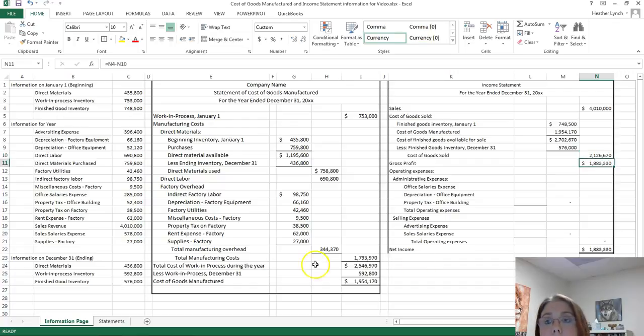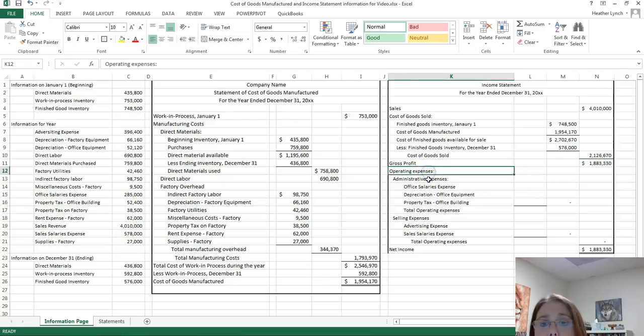The difference between your sales and your cost of goods sold, you have $1,883,330 worth of gross profit. Now we need to take out our operating expenses. We are not going to worry about income tax on this problem, okay? But do understand that on an income statement, if you make money, you have to pay to the government.